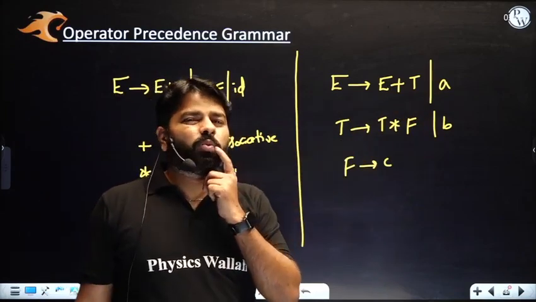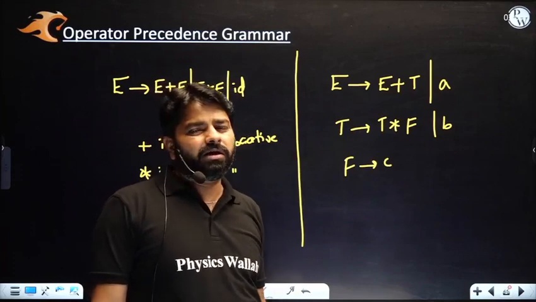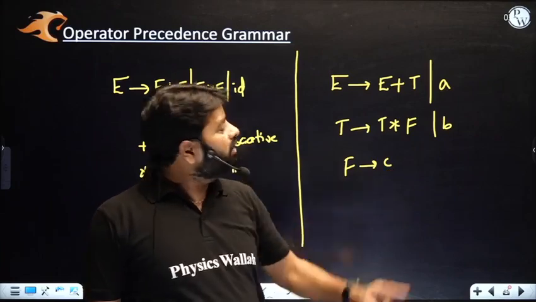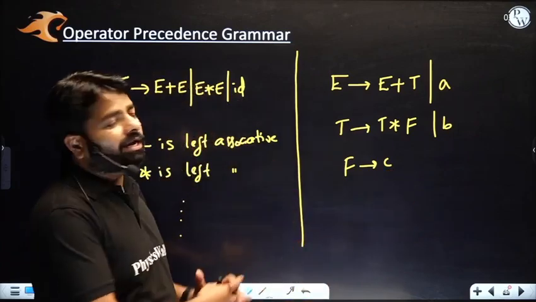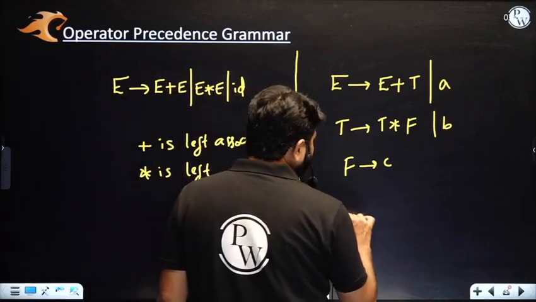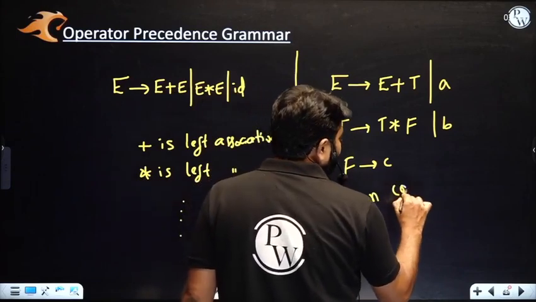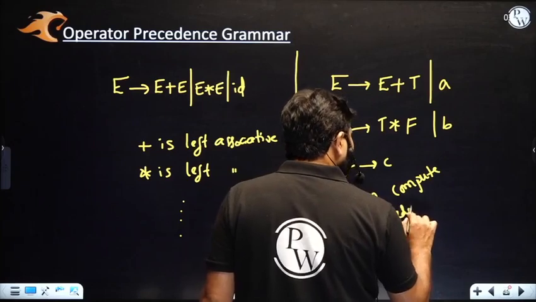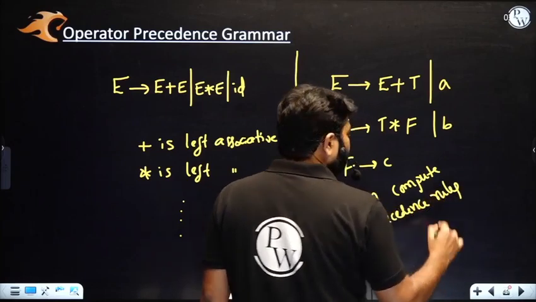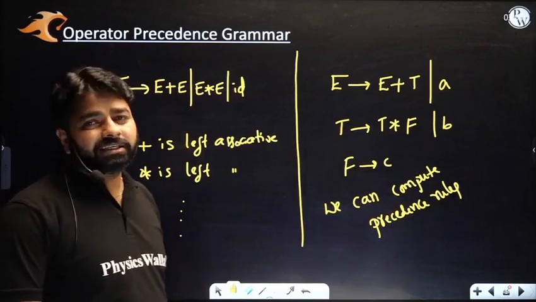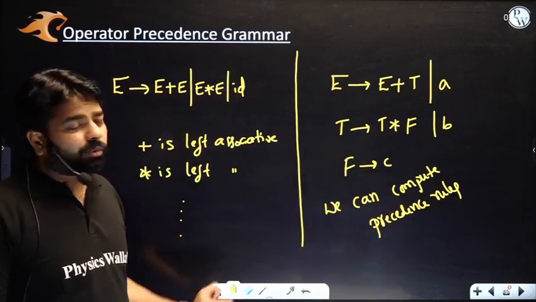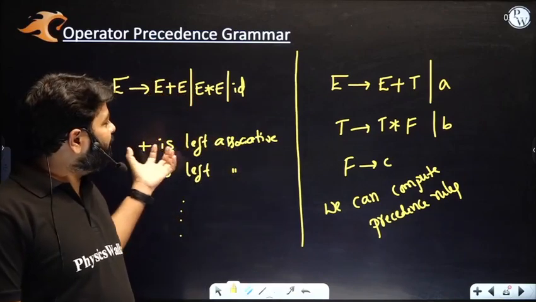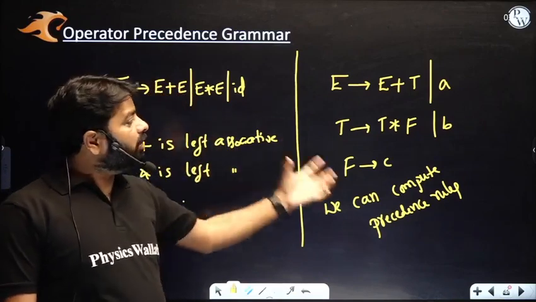Now I need not tell you the relation between plus and plus. It follows only one, either left or right. With the grammar you can compute it. We can compute precedence rules here, associativity, and who has more precedence and less precedence. So this is one of the important points why we use operator precedence grammars. You might be given some rules and you follow them, or you can compute from the grammar.